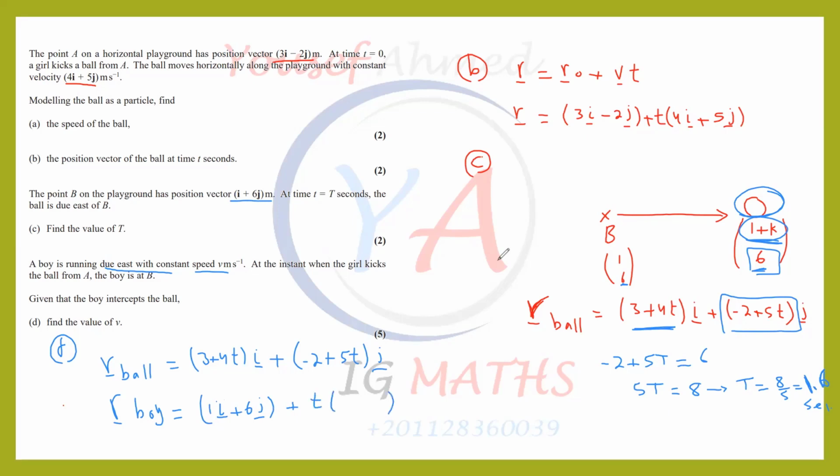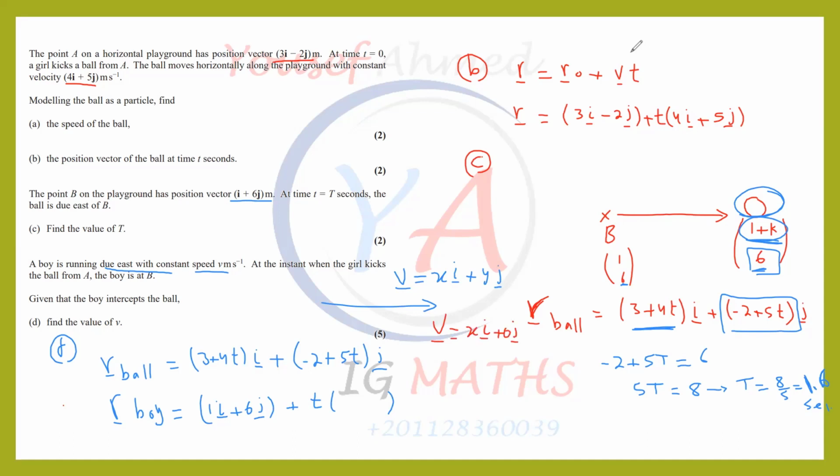You need to know something. The boy is moving due east with constant speed. So if the velocity is xi plus yj, and he's moving due east, you have no j component. You have only the i component, but zero j component.